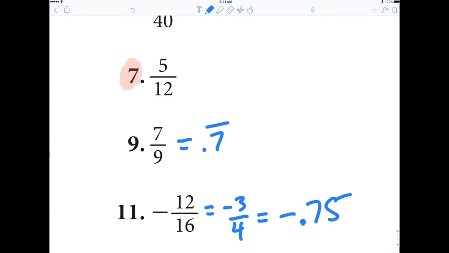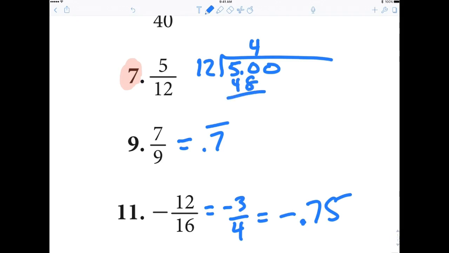So we're going 12 into 5, right? 12 times 4 is 48. Subtract and get a 2, right? So that's 20, and 12 goes into 20 once. Then that's 80, right? 12 goes into 80 how many times? 6 times, right?